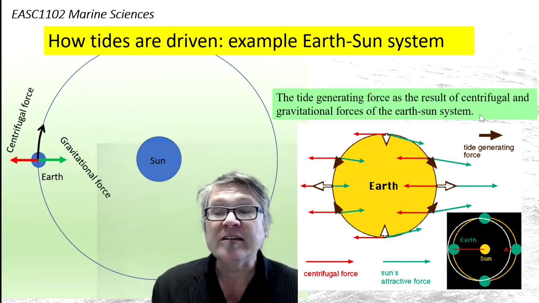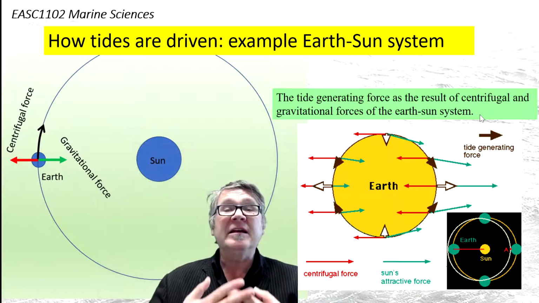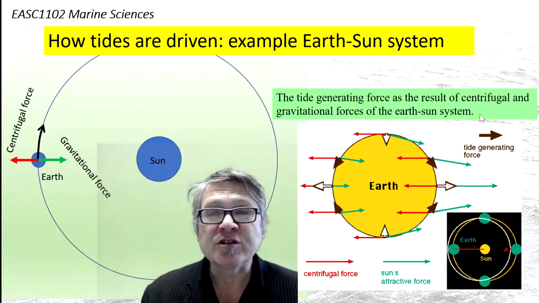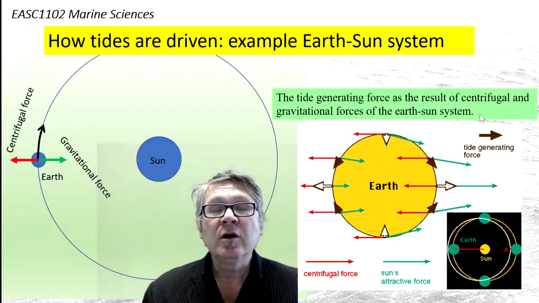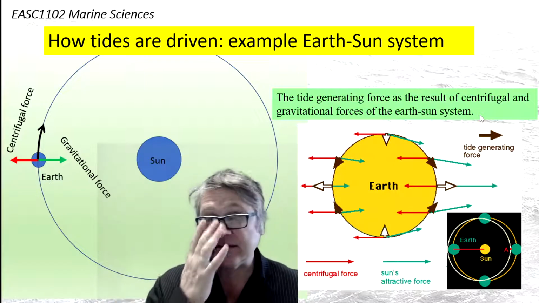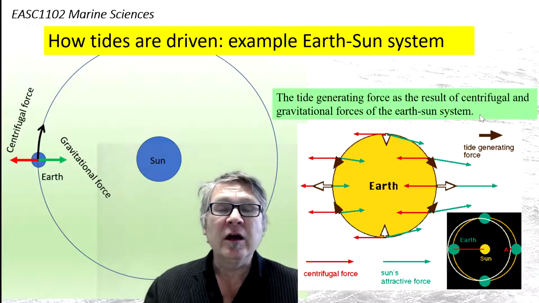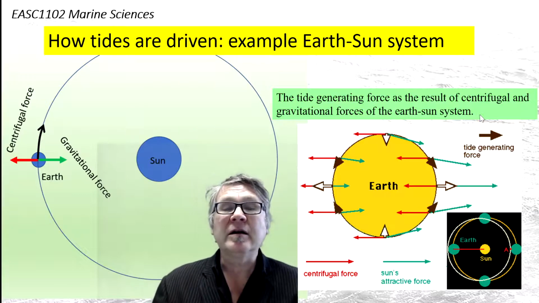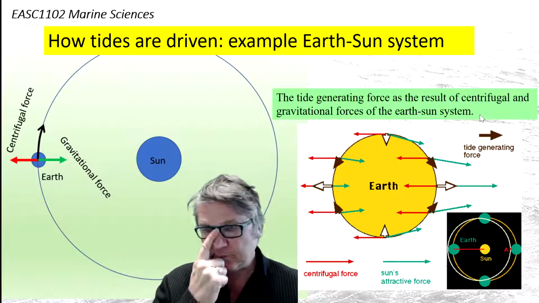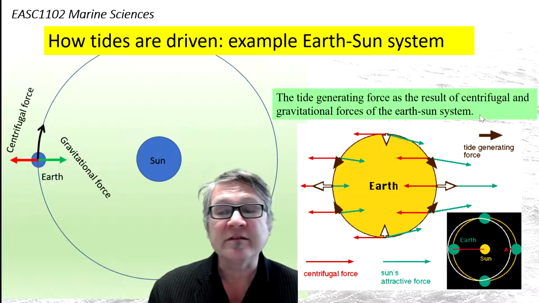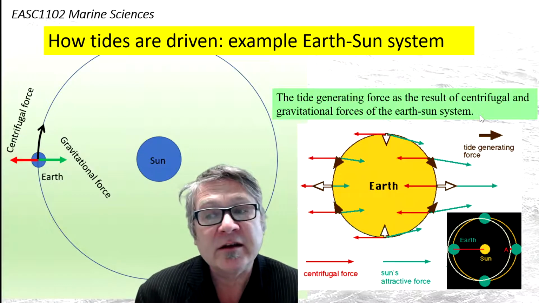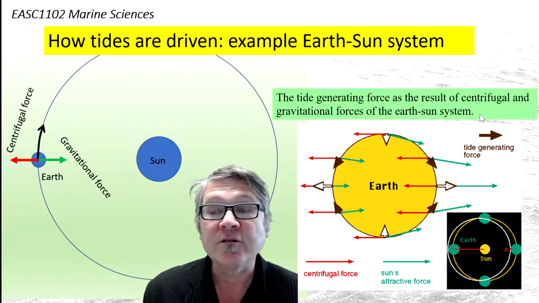The gravitational force is inversely proportional to the square of the distance, which means it's larger the closer you are to the Sun. In the Earth's center, there's another force that is actually created, which is the centrifugal force.